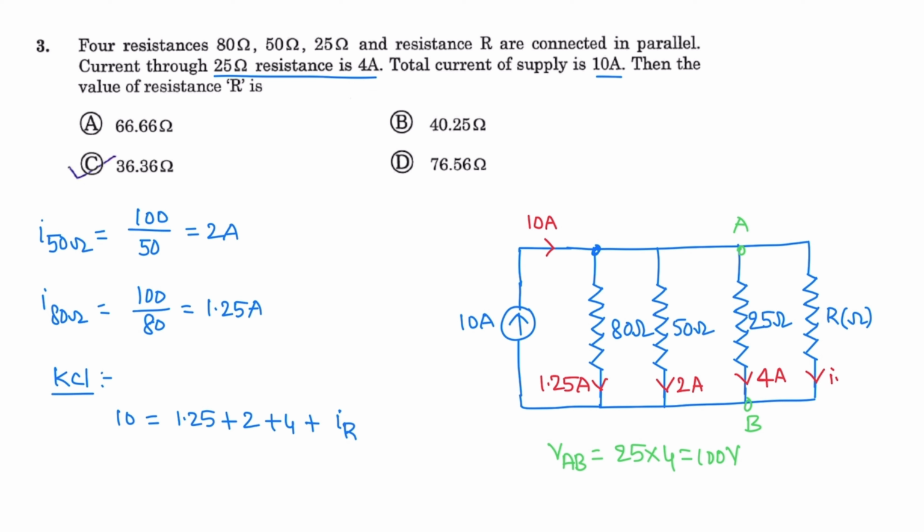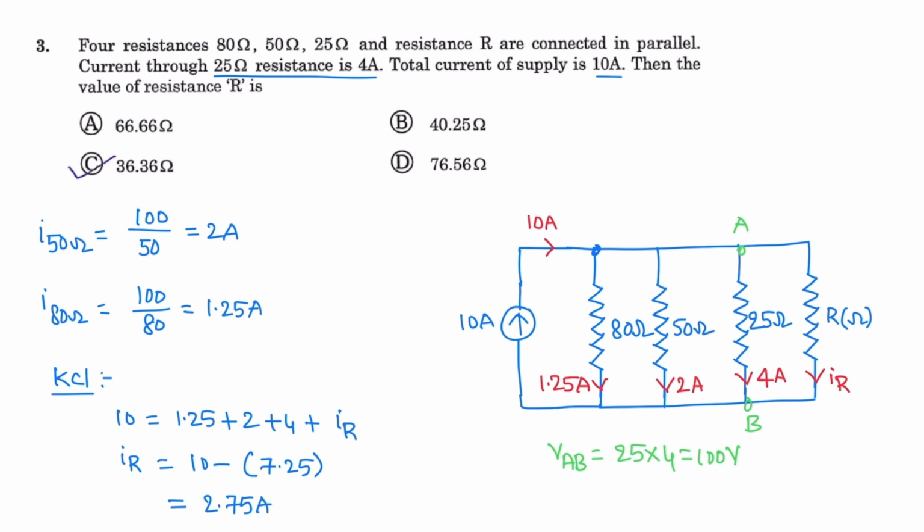From this KCL expression, IR is 10 minus (4 plus 2 plus 1.25), that is 10 minus 7.25, which is 2.75 ampere.